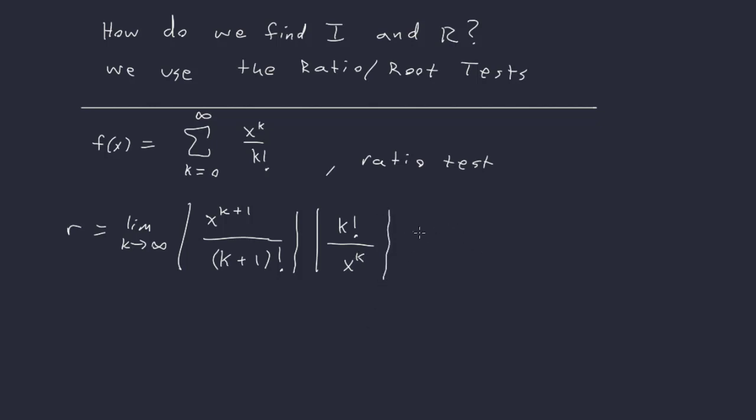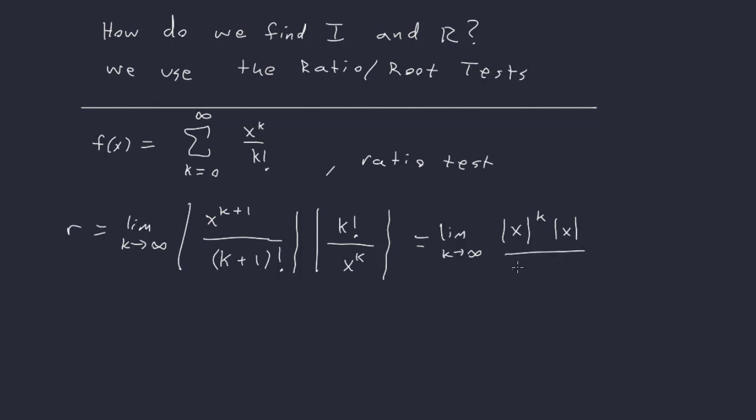All right, so let's simplify this down a little bit. One thing to keep in mind here is, the factorial is always going to be positive, and we can move the absolute value in around the x's. So this will be the limit as k goes to infinity of the absolute value of x to the k times the absolute value of x. So that's how we split this up.